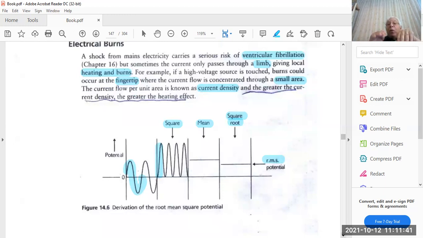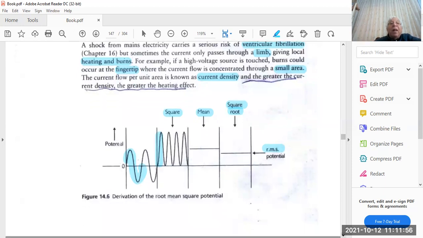After that, we do a square root to reach the final RMS potential, which we can easily compare with a direct current. Of course, all this is just knowledge to be known, so that we know the meaning of RMS.